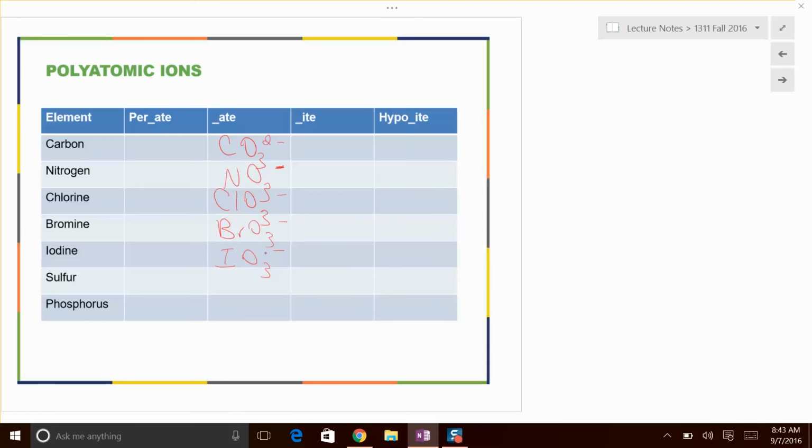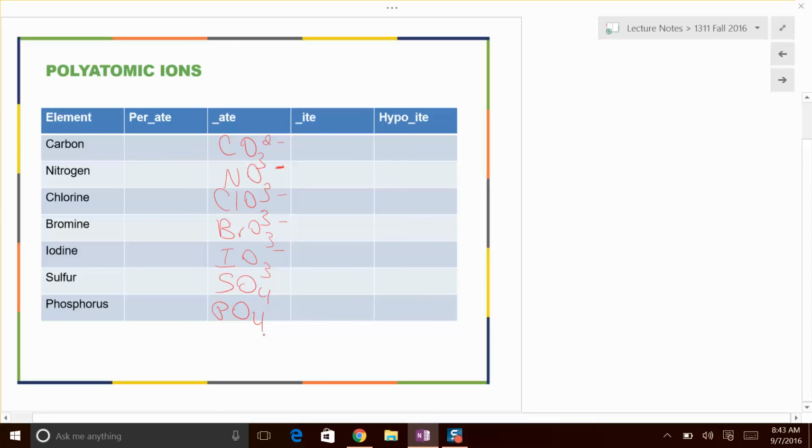All right, sulfur. When I move from this border to the inside where sulfur and phosphorus are, I gain 1 more oxygen. So instead of 3 oxygens, sulfate would have SO4, as well as phosphate, PO4.